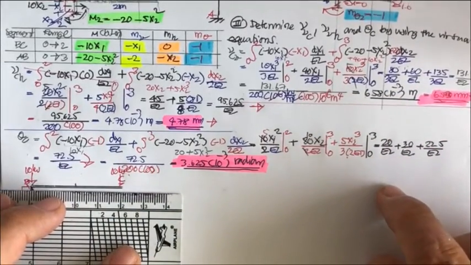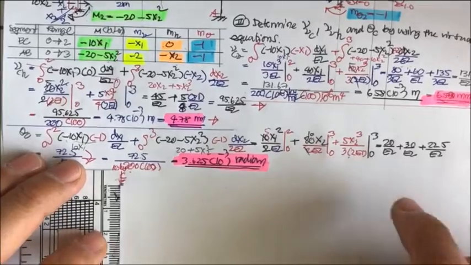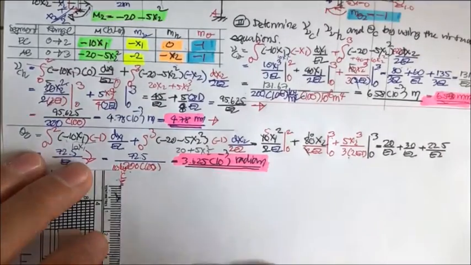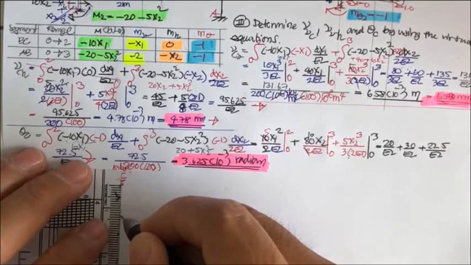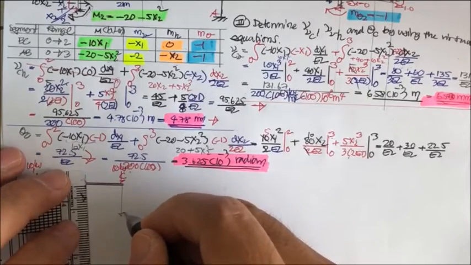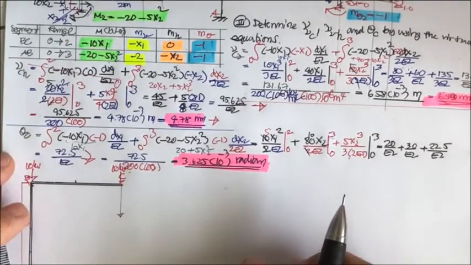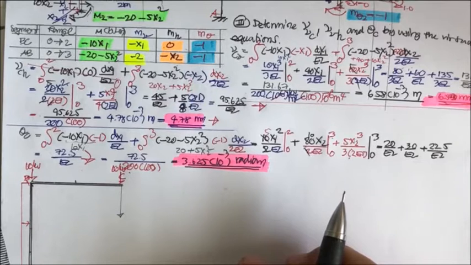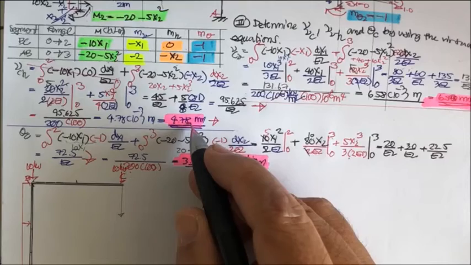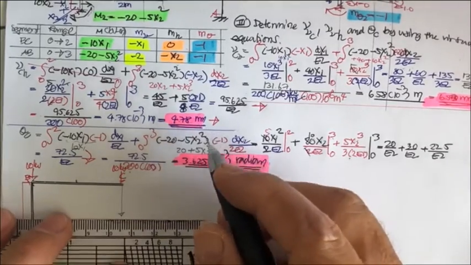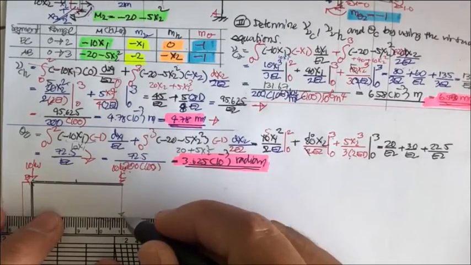If you make it 2 times, it's going to be about 6.5, downward here. This is going to be about 12.4, and this is about 4.8. 4.8 is equal to 9.6 millimeter, about this.